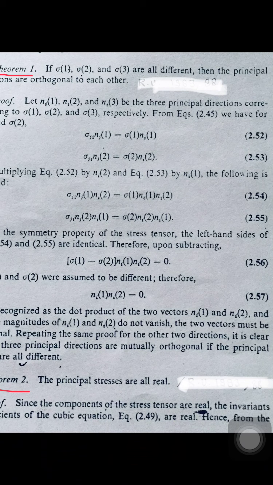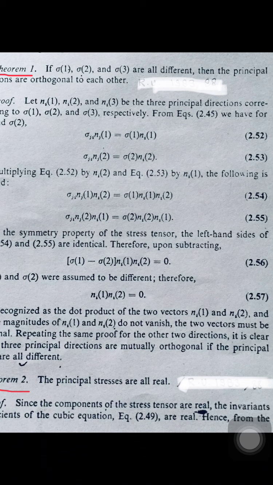So both equations have ni1 and ni2. Multiplying these, we write them as 2.54 and 2.55.